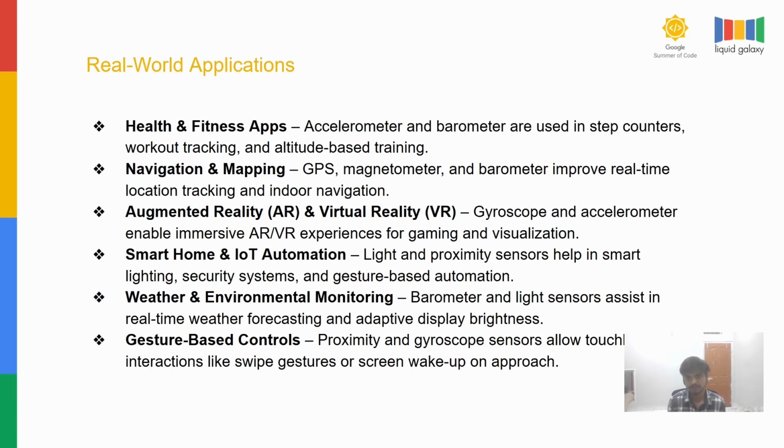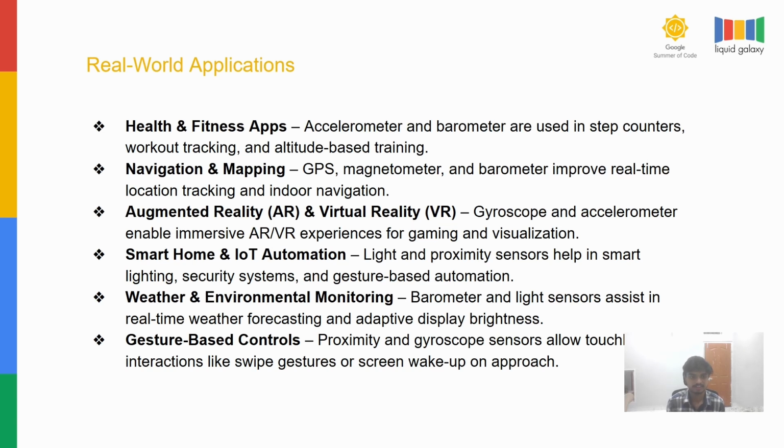Augmented reality and virtual reality: gyroscope and accelerometer enable immersive AR/VR experiences for gaming and visualization. Smart home and IoT automation: light and proximity sensors help in smart lighting, security systems and gesture-based automation. Weather and environmental monitoring.